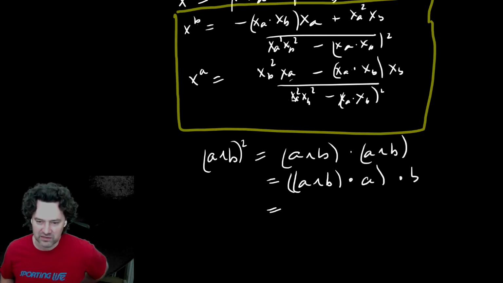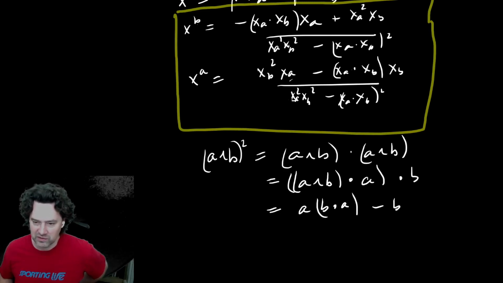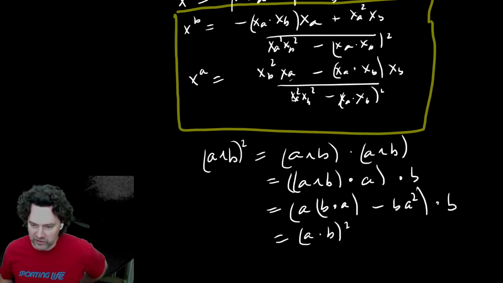So that is a times b dotted with a minus b times a dotted with a, all dotted with b, which is a dot b squared minus b squared a squared.